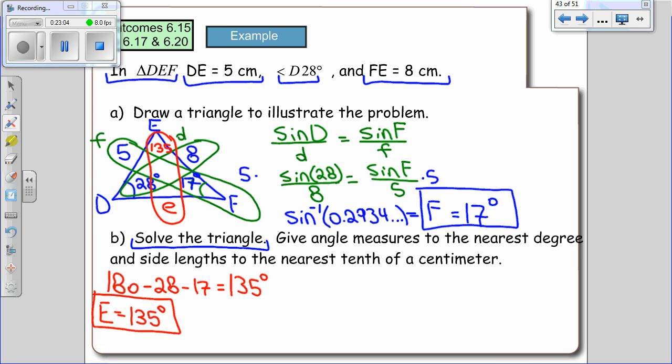So what I'm going to do is I'm going to set up my new little thing here. Remember that side D. And I'm going to put the sides on the top this time, so 8 divided by sine of 28 equals E divided by sine of 135.